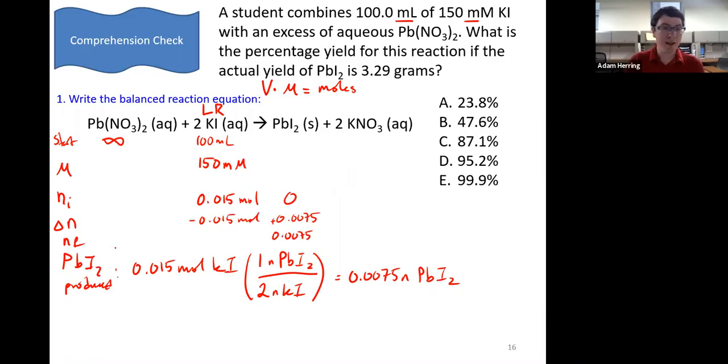What is our final mass? To find the mass, as we've seen already, we multiply moles by the molar mass.